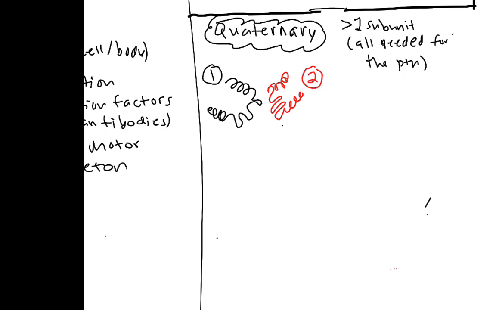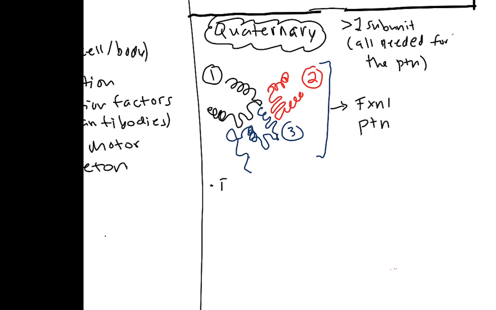And then I'm going to draw a third subunit that is folded in a different way. Okay. But you can see that I'm drawing them to where they're interacting with each other. And that's what holds it together. So once we get all that together, now this is considered a protein. The bonds that hold those subunits together are similar to the tertiary bonds.